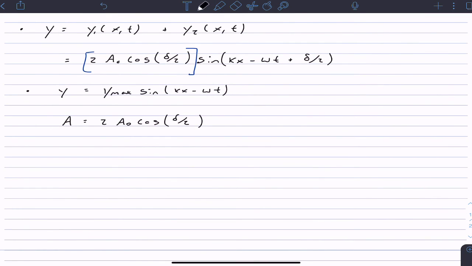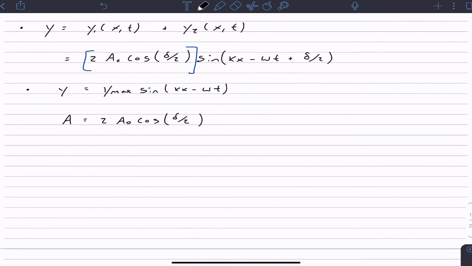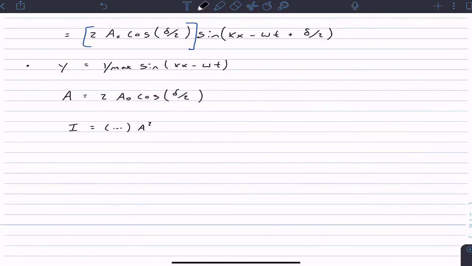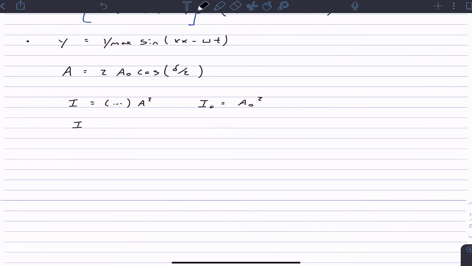we're after intensity, right? And we have a relationship with intensity that we can use. You have your amplitude squared. This would be your basic proportional relationship, and then we can call I naught. The point that I'm trying to make is that you can take something that you're looking for here, A squared over A naught squared, right?